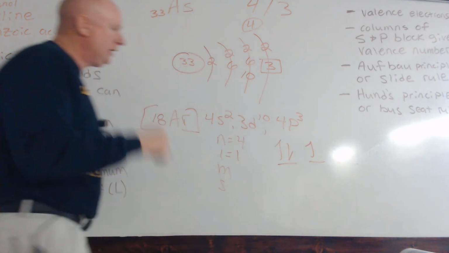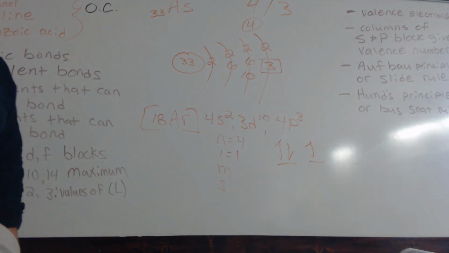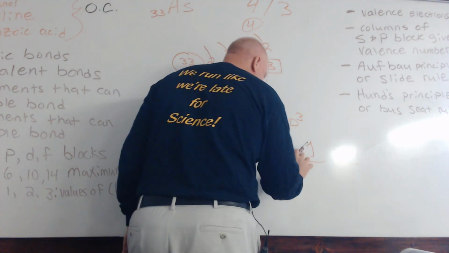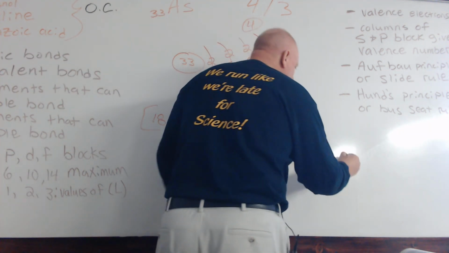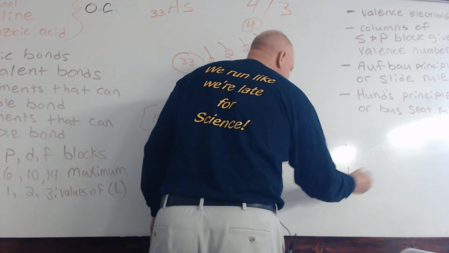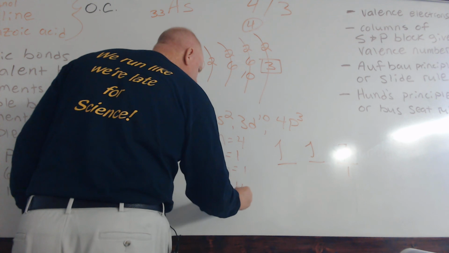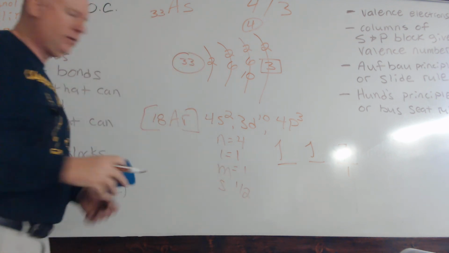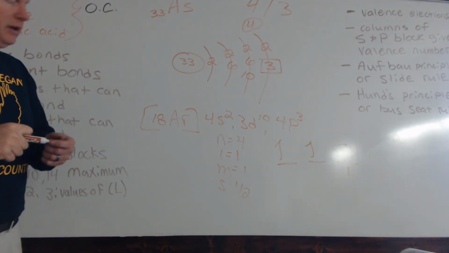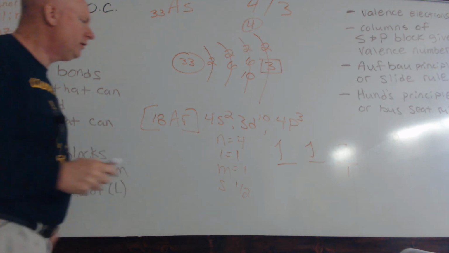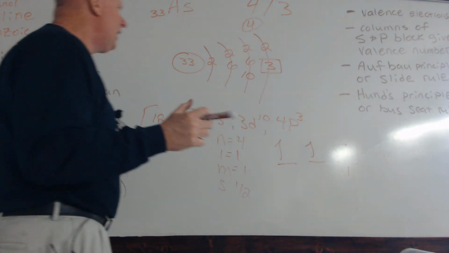That's not correct because you're not following Hund's rule or the bus seat rule. So all these empty bus seats need to be filled up first, and then that gives us a value of 1 for m, and it's pointing up, so that is 1/2. So those are your quantum numbers then as well, for the orbital diagram. That term had slipped my mind for just a moment.